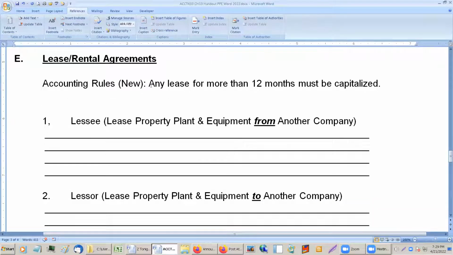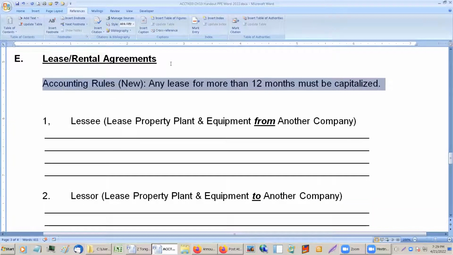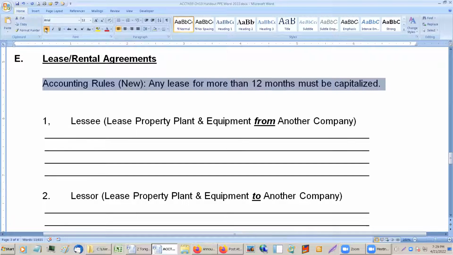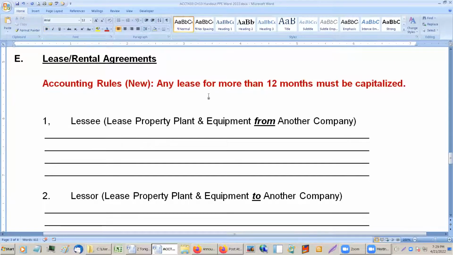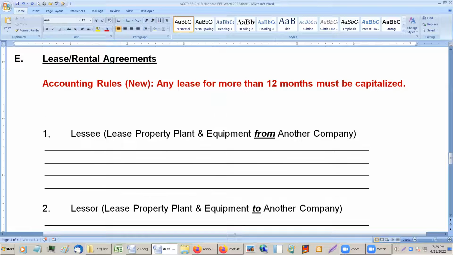Any lease for more than 12 months must be capitalized. And it comes down to what they used to call off balance sheet financing.